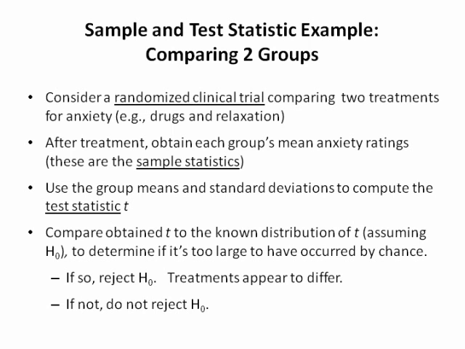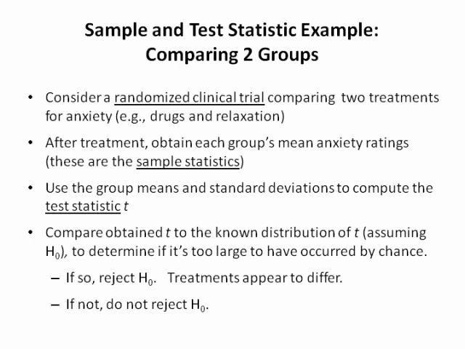Okay, so here's an example of having sample and test statistics. We have a study, let's say, that's going to be a randomized controlled clinical trial where we're basically going to compare two treatments for anxiety. We're going to have one group that's administered a particular drug to reduce anxiety, and the other is going to use relaxation techniques to mitigate anxiety.